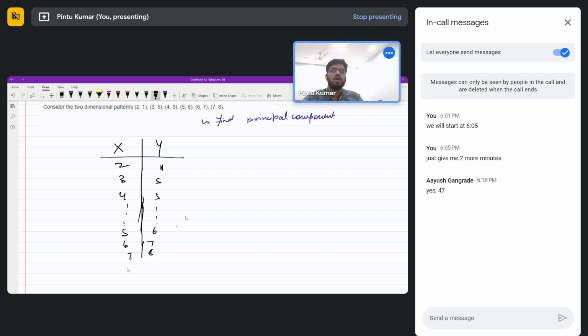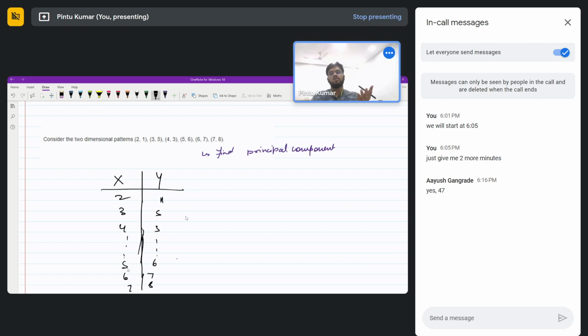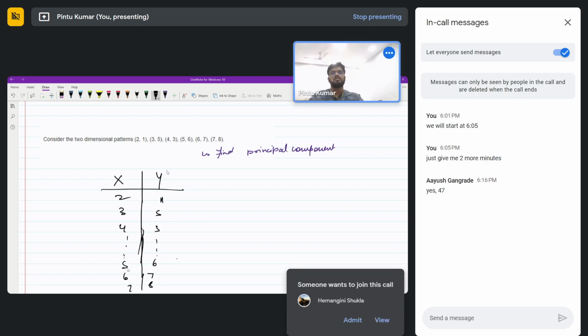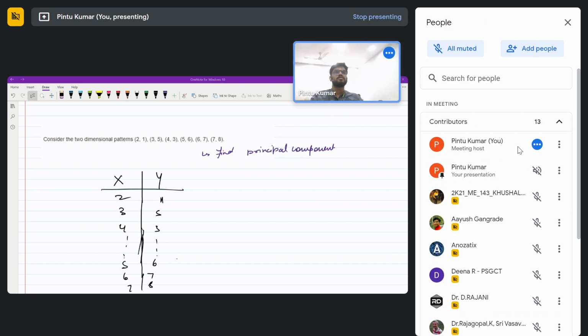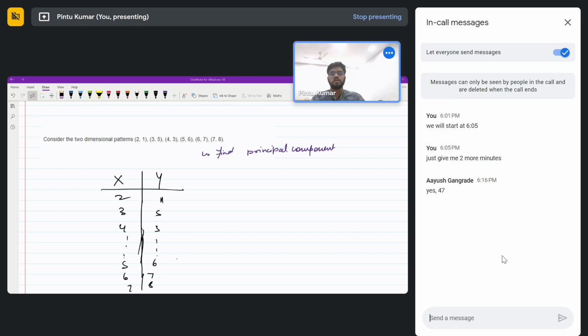Now, the first thing is that we need to find the covariance matrix. If you look at this example, the mean is not 0.